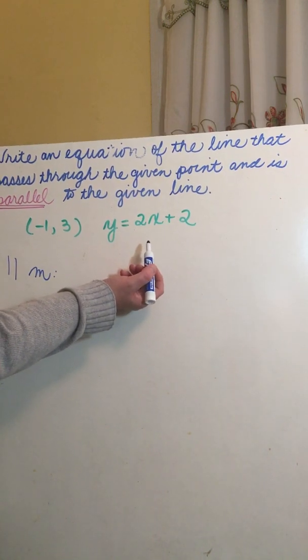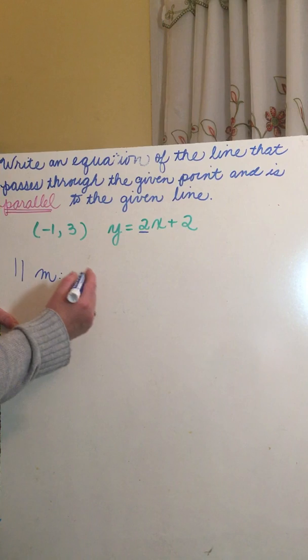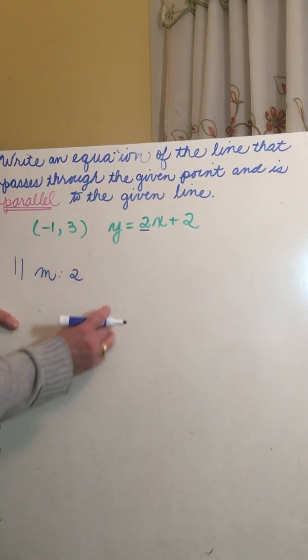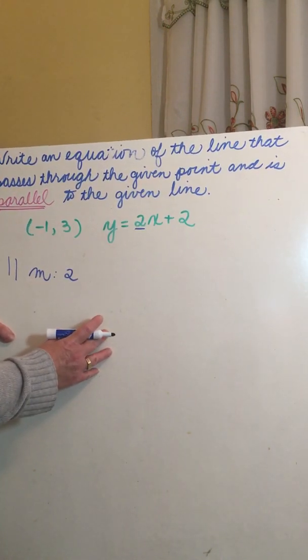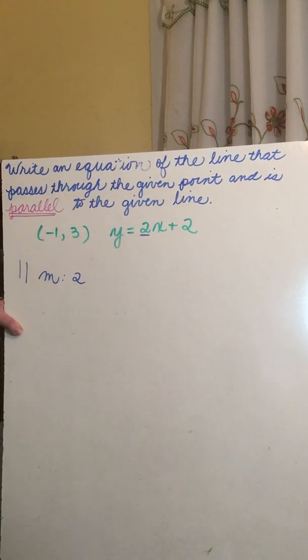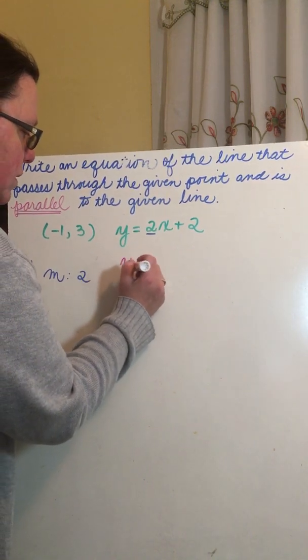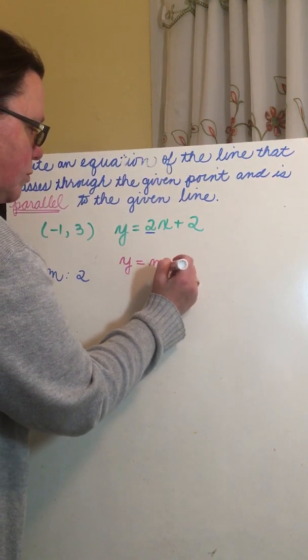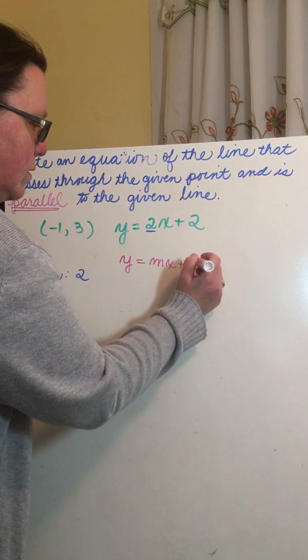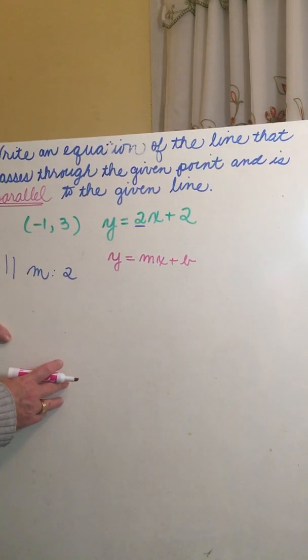So here's our point, and we want to know what the parallel slope is to this line. Well, parallel lines, as we just said, have the same exact slope. The slope here is a positive 2. So then what we have to do is basically solve for the b, because when we're writing an equation, we know that this one is going to be in slope-intercept form. Let's go ahead and write that equation.